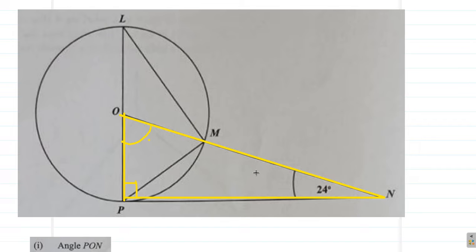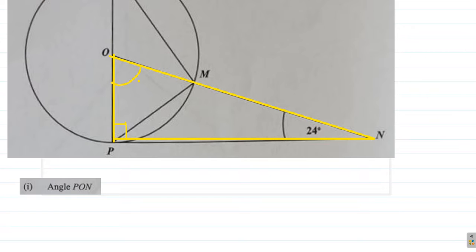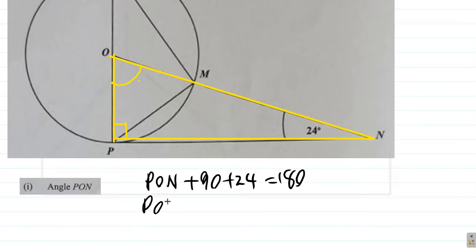Now the total angle in the triangle is 180. So you put it this way, PON plus 90 plus 24 equals 180. So angle PON equals 180 minus 90 minus 24.